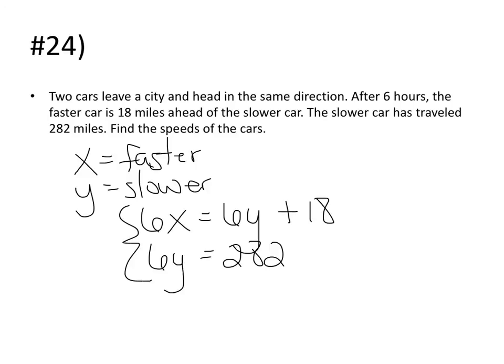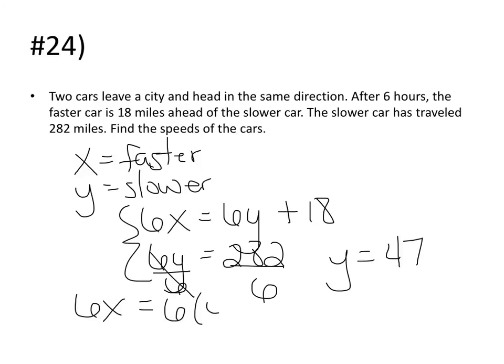Okay, so now we need to solve it. So what I'm going to do is I'm going to divide 6 from both sides here to get y equals 47. And then I'm going to take this 47 and plug it back in here to find x. So I have 6x is equal to 6 times 47 plus 18.